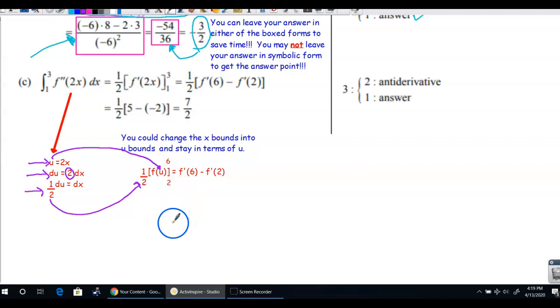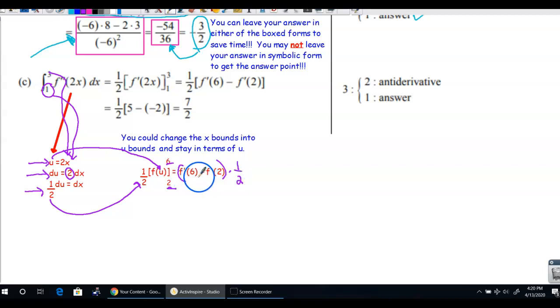Now, instead of changing the work back into terms of x, I decided to change my bounds, so I'm going to substitute 1 in place of x, and that gives me a low bound of 2. I'm going to substitute 3 in place of x, and that gives me a high bound of 6. And I can see that I left off my 1/2 from this. That's a good thing I'm looking at this right now.